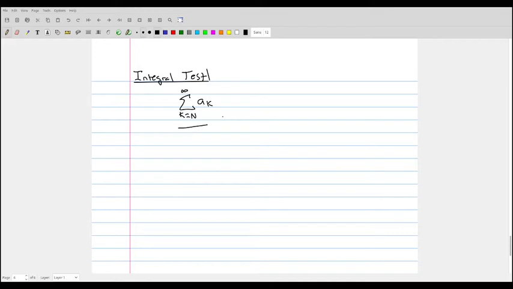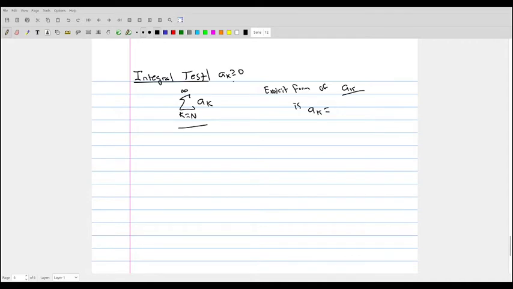And furthermore, suppose the following. Suppose that the sequence ak that is giving the terms in this series is given by a function. So we know the explicit form of ak.